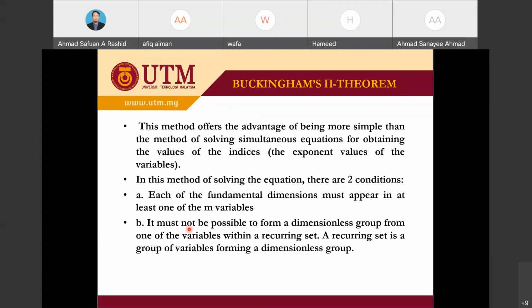And the second one, it must not be possible to form a dimensionless group from one of the variables within a recurring set. A recurring set is a group of variables from a dimensionless group. So we cannot repeat again, unless, as I told you previously, it is very important for us to reuse a parameter to create the next dimensionless equation.